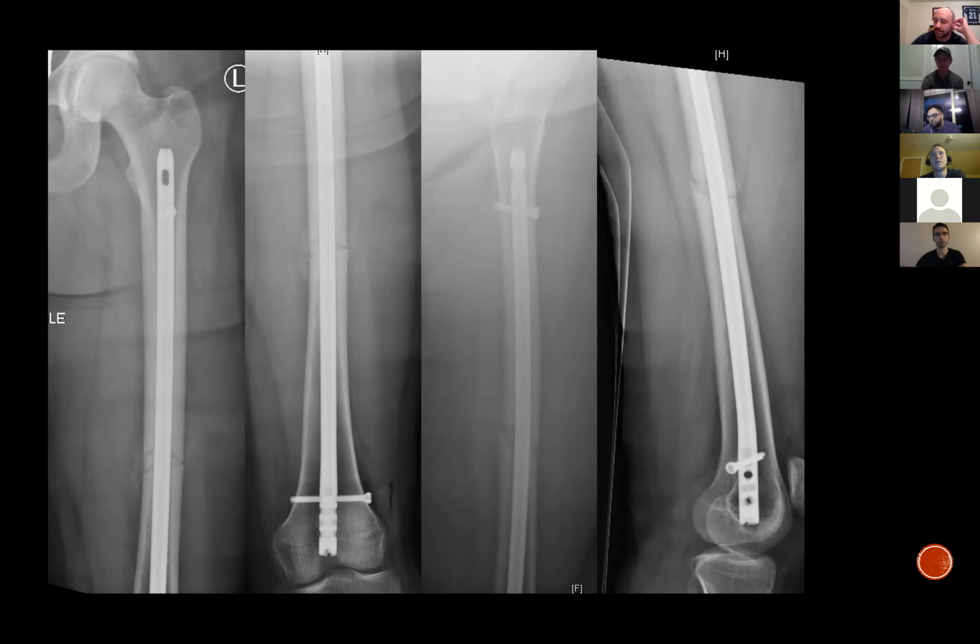There are several variants of intertrochanteric fractures that are known to fail with a sliding hip screw. But a sliding hip screw has more precision than a cephalomedullary nail. And so when we care a lot about the neck, we might use that.